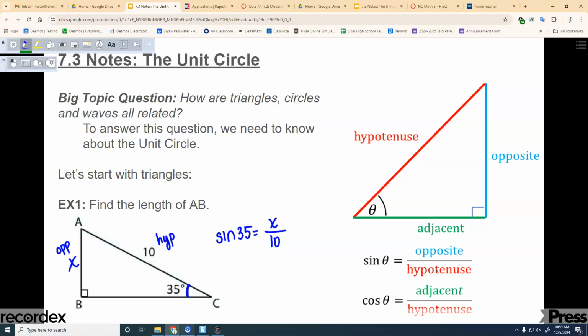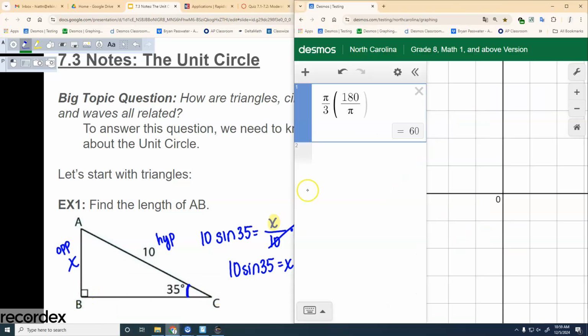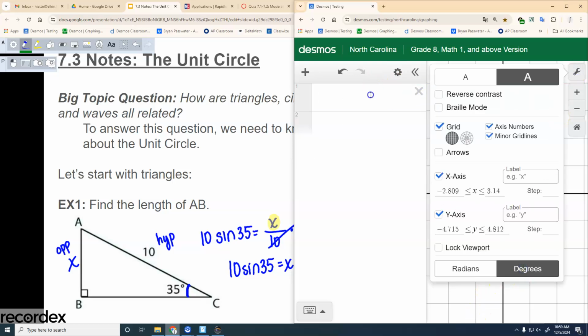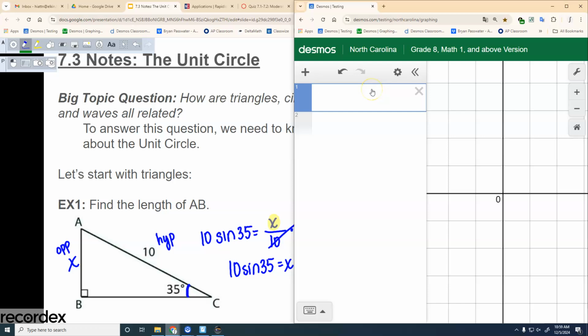And then we would need to solve this for the x right there, so we'd need to get the x by itself, which means we would need to multiply both sides by 10. So I would get 10 sine 35 for our x, and your calculator is programmed with all of these good things for the values of sine 35.